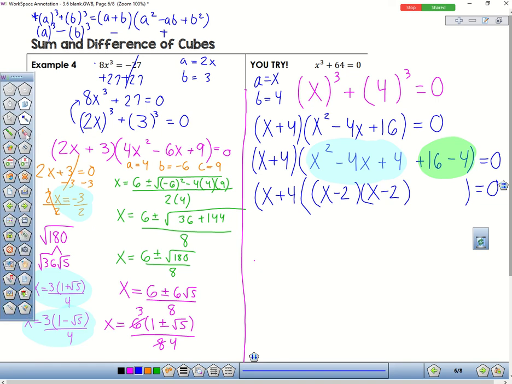Then we combine what is in the green. What does that combine to? What's 16 minus 4? 12. Like this. How can we rewrite two identical binomials?